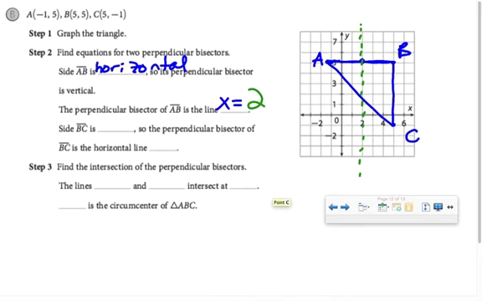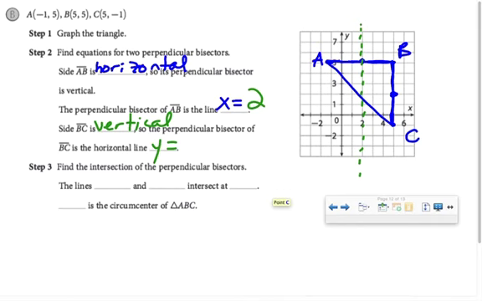Side BC is vertical. So the perpendicular bisector of it will be the horizontal line y equals a number. And again, we figure that out just by counting the spaces. So BC is 1, 2, 3, 4, 5, 6 spaces long also. Its midpoint will be 3 spaces in, so 1, 2, 3. It'll be here.